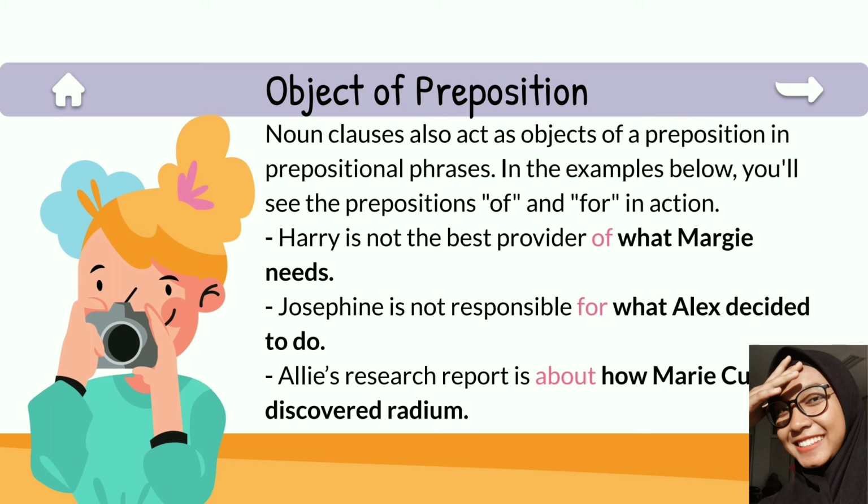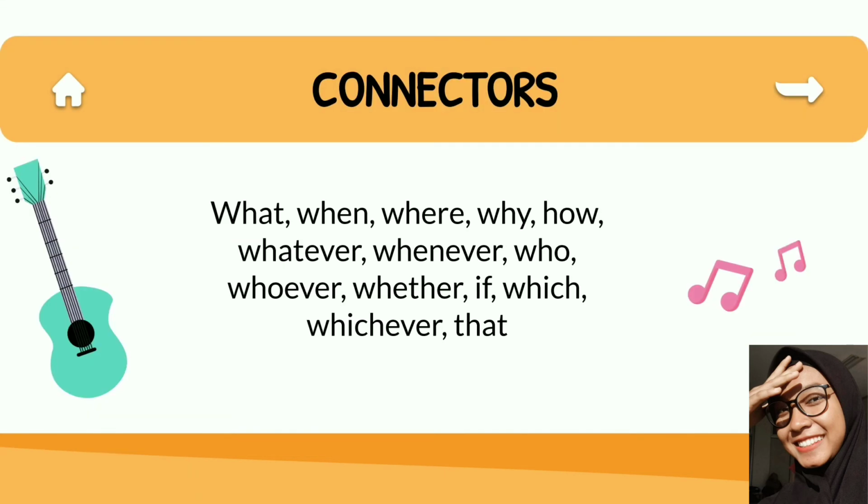In the examples below, you will see the prepositions of and for in action. For example, Harry is not the best provider of what Markin needs. Of is the preposition. What Markin needs is a noun clause.